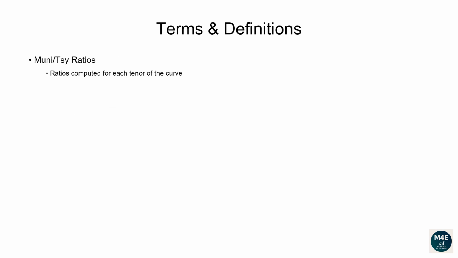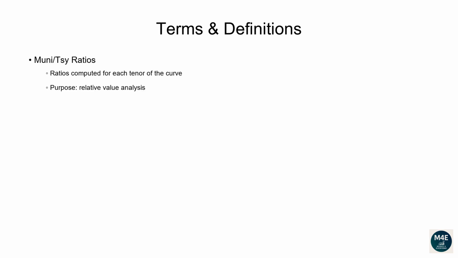What do we mean with muni-treasury ratios, and why are they important? First off, ratios are computed for each tenor of the curve. This means we compute the 1-year ratio by dividing the 1-year tax-exempt muni yield by the 1-year treasury yield. Same thing for the 2-year ratio, 5-year ratio, etc. Why do we compute ratios?